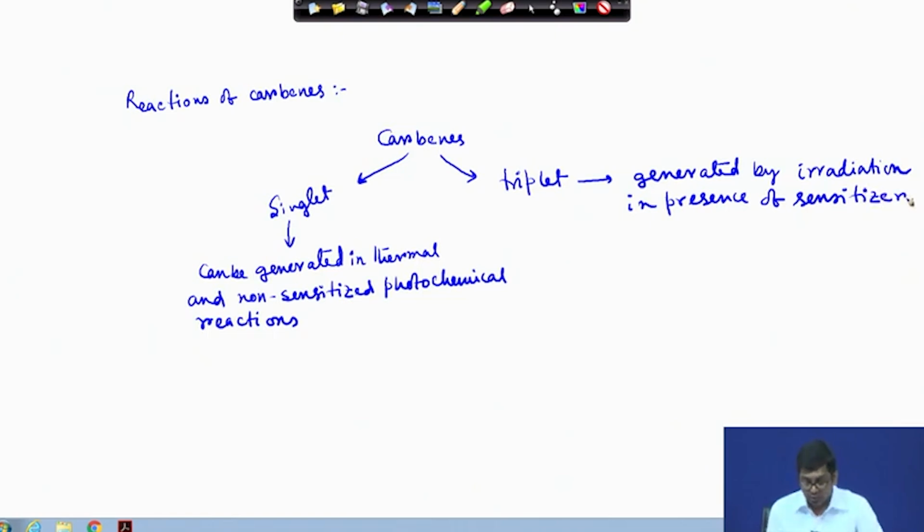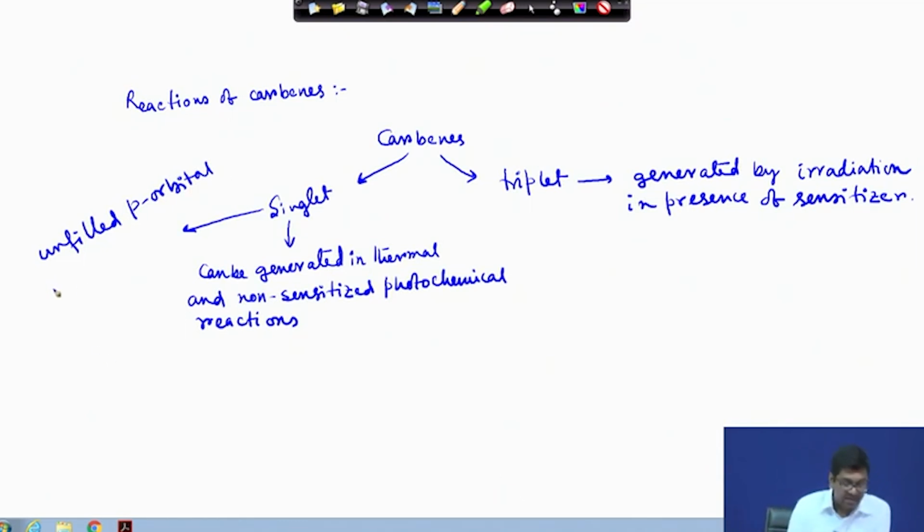Once we can generate these carbenes, they can do various types of reactions. How will they react? In principle, singlet carbenes have an unfilled p orbital. If it has an unfilled p orbital, it can accept electrons, so in general they react in an electrophilic manner.